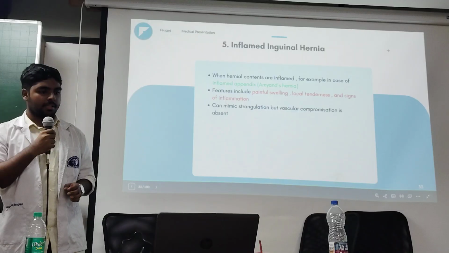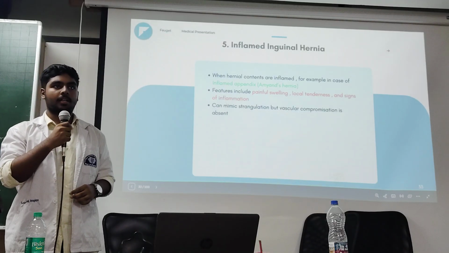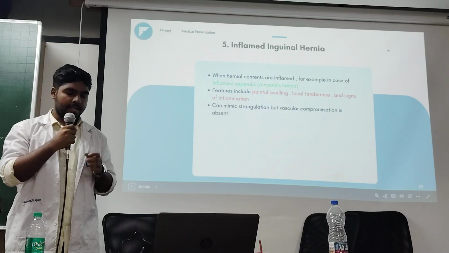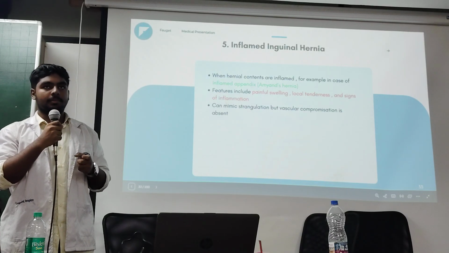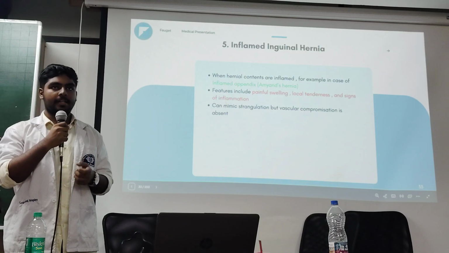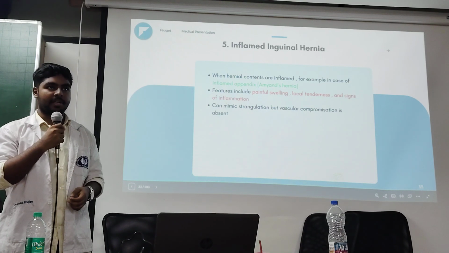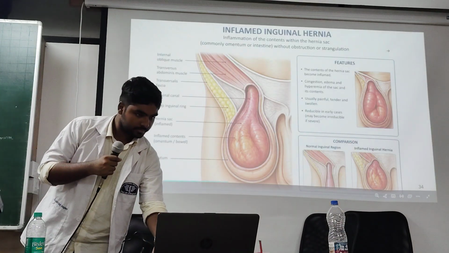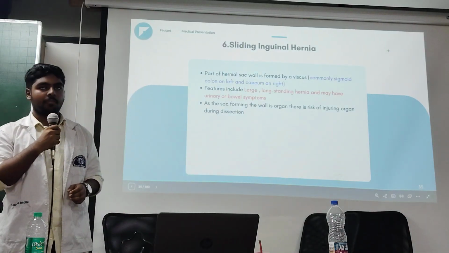Fifth, inflamed inguinal hernia. In this, the contents of the hernial sac are inflamed, for example the appendix in appendicitis, and the features are redness, tenderness, and severe pain. Sixth, sliding inguinal hernia.